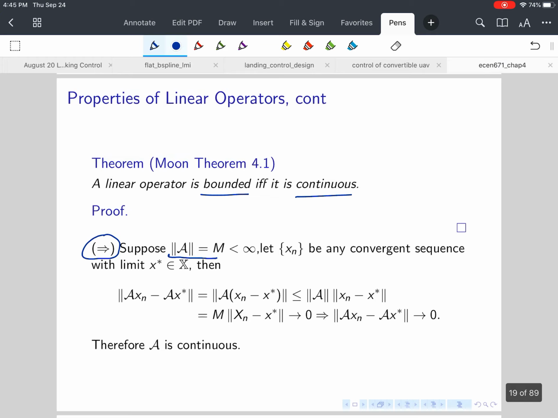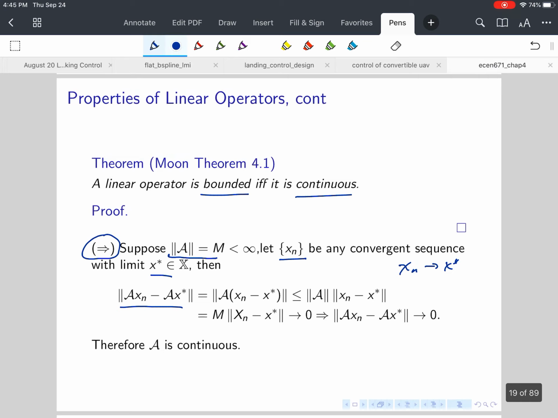And now we want to show that that implies continuity. So let xn be a convergent sequence with a limit x star. And then the norm of A xn minus A x star, remember, we want to show if xn goes to x star, and A xn minus A x star goes to 0, then we're done.